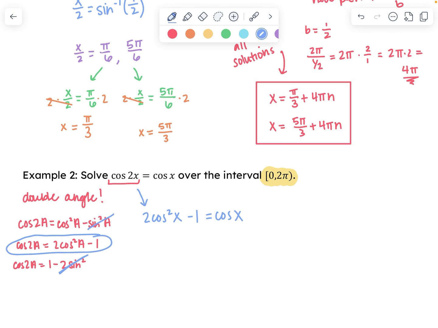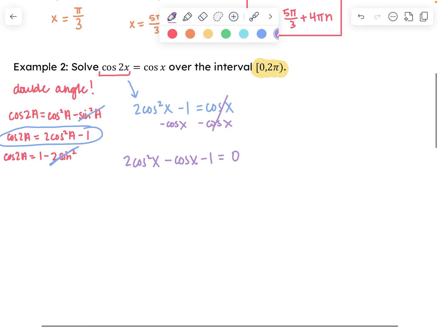Then from here, with that cosine squared, that's kind of like some problems we did in our last set of notes. I can move everything to the same side and try to factor it. So I'm going to subtract my cosine x from both sides. I'm going to have 2 cosine squared x minus cosine x minus 1 is equal to 0.